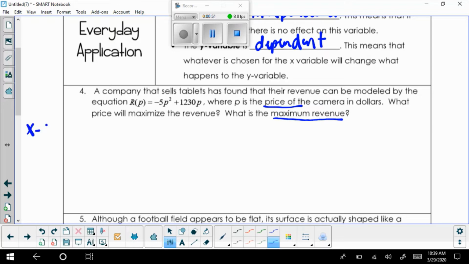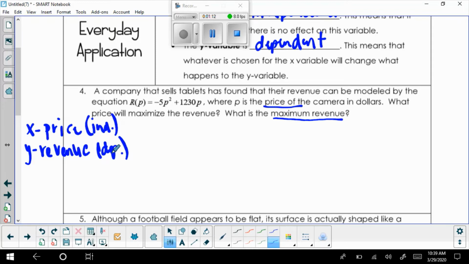So our x would be the price of the camera, and our y would be the revenue. Because this is our independent variable and this is our dependent, because when we think about it, the price of the camera affects the revenue. So let's go ahead.